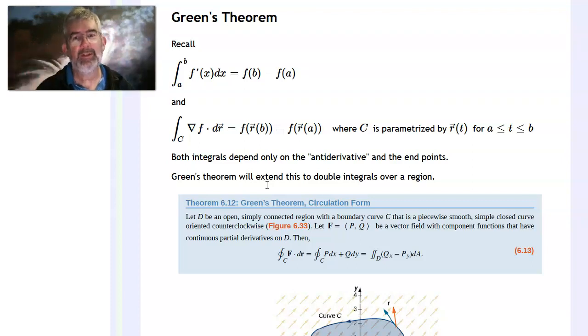So that's the boundary. Likewise, r of b and r of a are the endpoints of the curve. I don't know if this is 2D or 3D, but you're integrating along a curve, and you have the start point and the end point. Now that curve may continue on, but you're only looking at a particular piece of it. And r(a) and r(b) are the two endpoints.